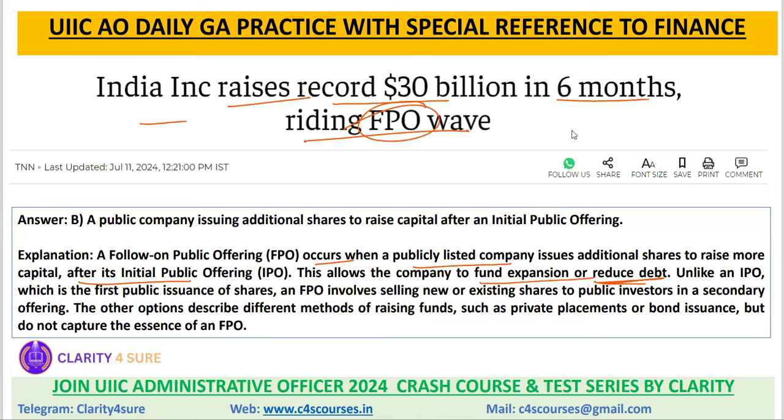So basically we are issuing shares so that we are not taking a route of debt. That means the company is not interested in taking a loan, but is interested in giving equity of the company to the shareholders. Unlike an IPO, which is the first public issuance of shares, FPO involves selling new or existing shares to public investors in a secondary offering.